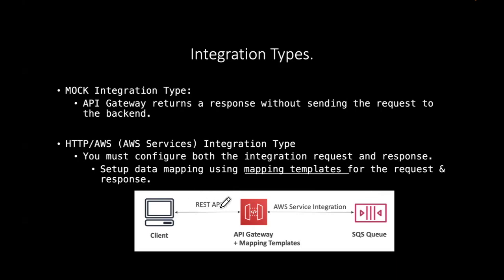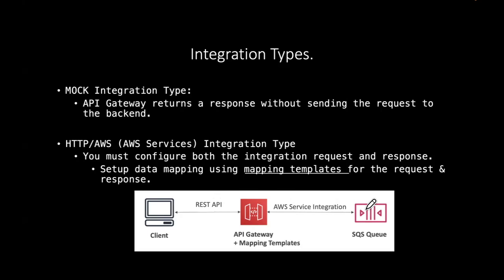Maybe there are path parameters. Maybe there's a payload. There are going to be HTTP request headers that may contain useful information that needs to be available to the backend. But how do we transform this HTTP request into a form that is suitable for your backend?